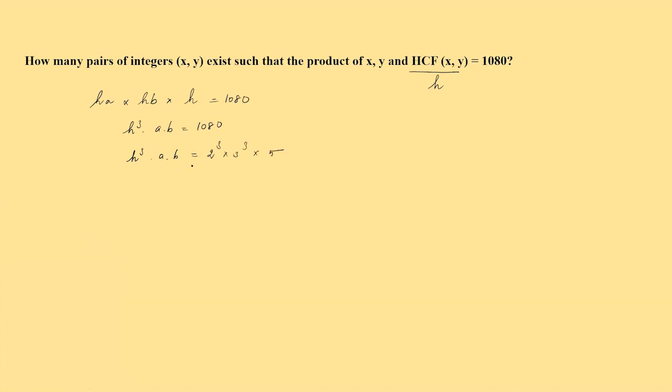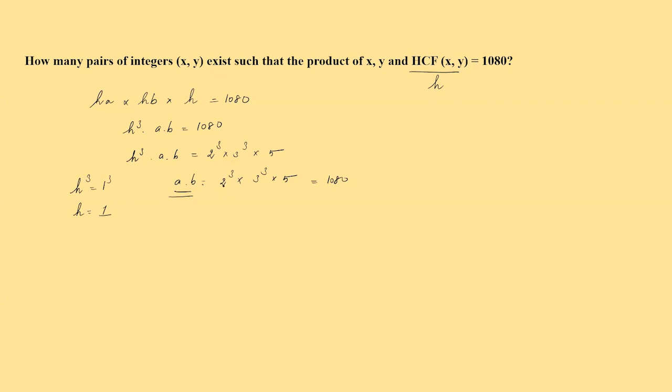First, I can take the value of h cube to be 1 cube, so the value of h should be 1. In that case, a into b would be 2 cube into 3 cube into 5, and a and b have to be co-prime numbers. How many ways can I write 1080 as a product of two numbers which are co-prime to each other?